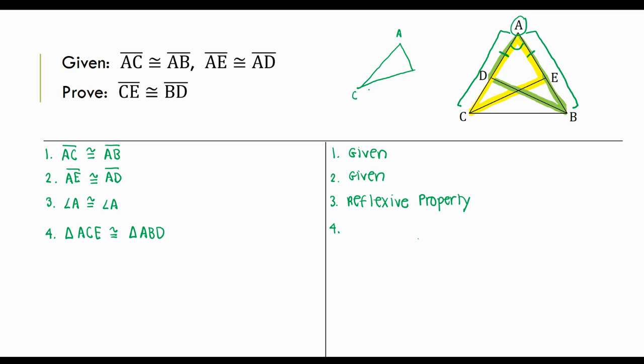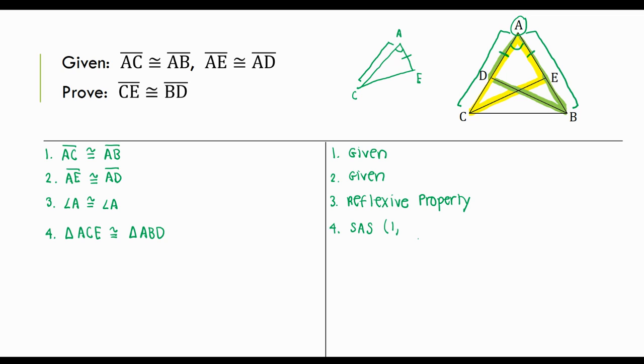Notice how if I'm looking at the triangle of ACE, angle A is marked, the side AC is marked, and this side AE was marked. So if you look at my sketch, it looks like it's because of side, angle, side. The angle was in between the two sides.